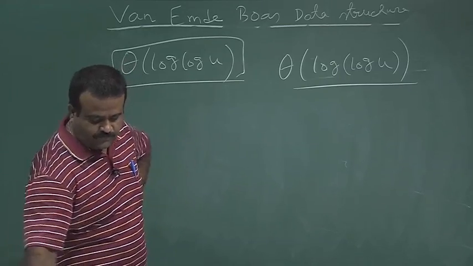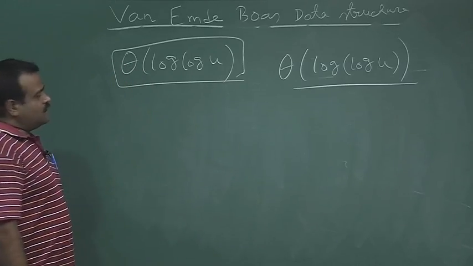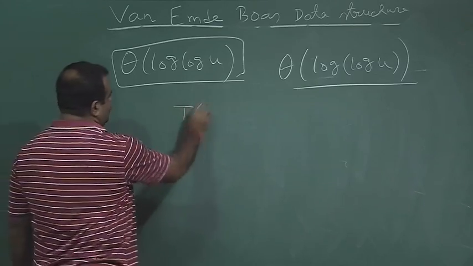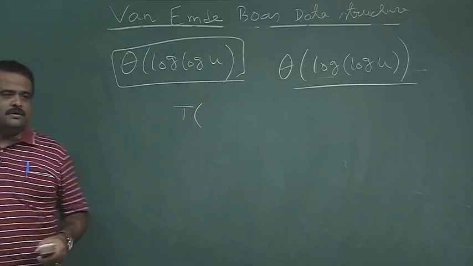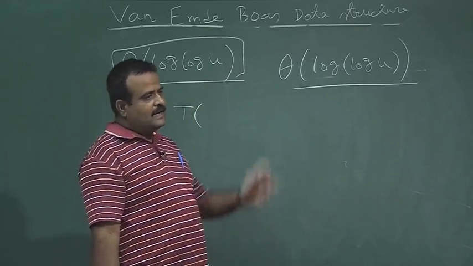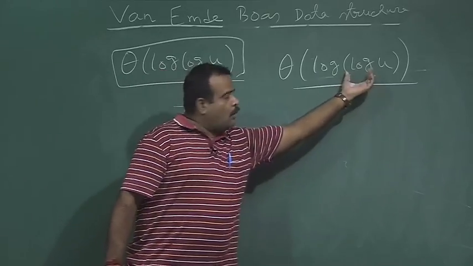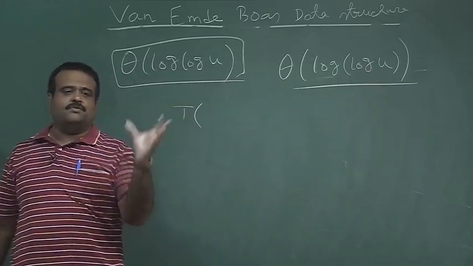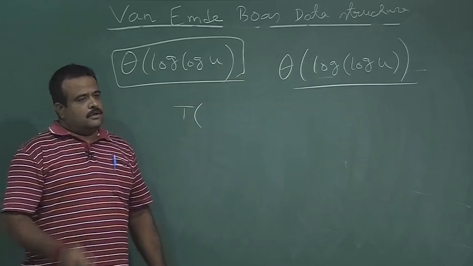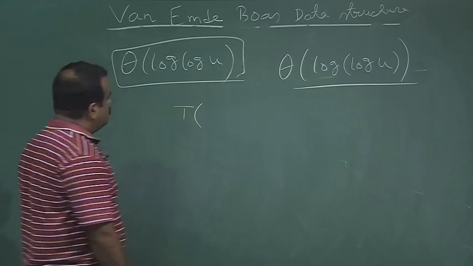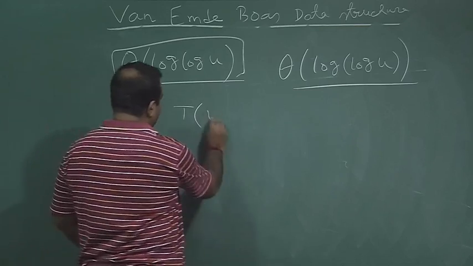Is there any recurrence which can give this solution? We get log n when we have a tree of size n and we are searching something there, like binary search. Suppose we have log u number of elements and we are doing binary search, then it can give us log of log u. Now we want to know what recurrence can give us this solution.